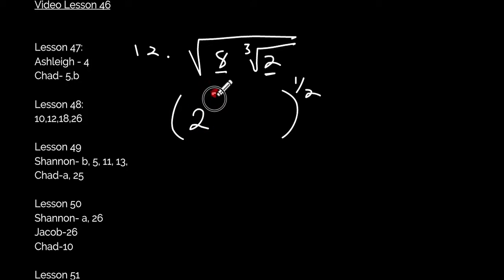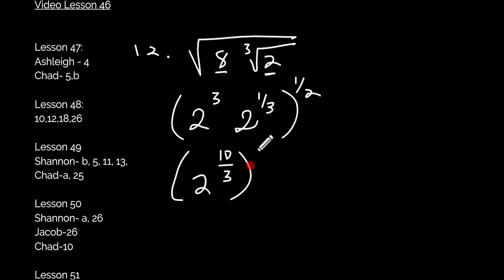So that's going to be 2 cubed is the same as 8, and then this is going to be 2 to the 1/3 power. We're going to add those together, so it's going to be 10/3 to the 1/2 power. The 2 will go into the 10 5 times, and so we get 2 to the 5/3 power.